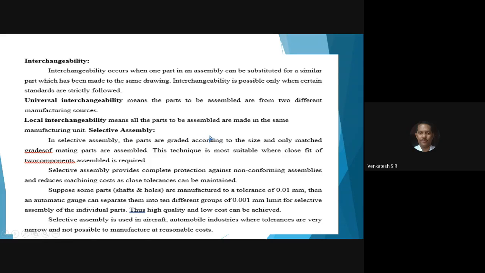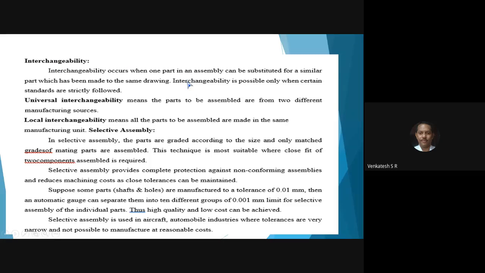Remember, for any machine tool or any engine or anything, if you get the components throughout the world which are suitable for your machine tool or engine, that is called interchangeability.